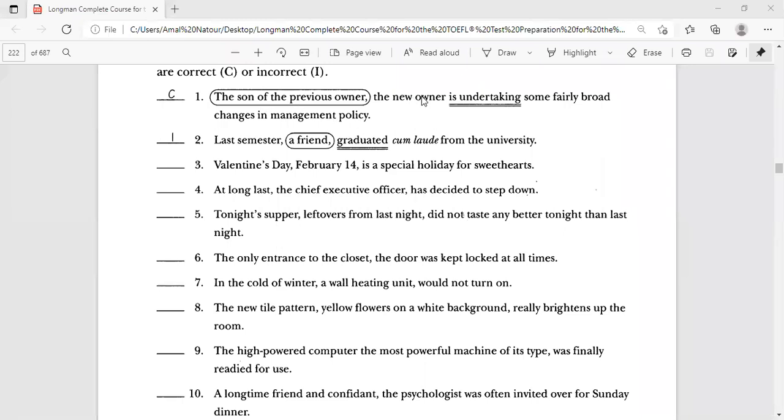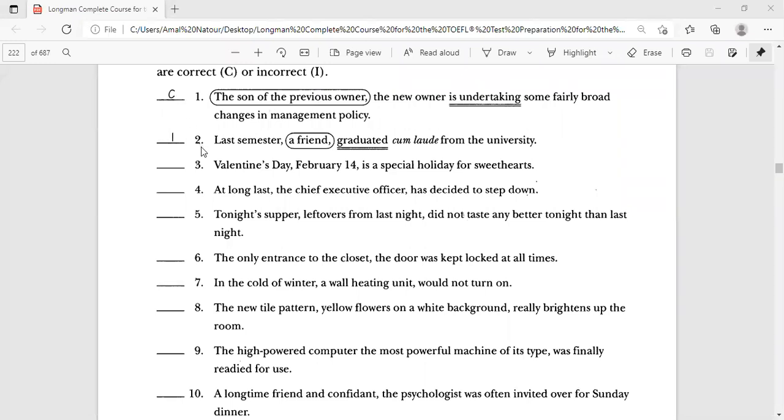Here, the new owner is the subject, is undertaking is the verb, and it is preceded by the son of the previous owner, comma. Then this is an appositive and it is not the subject of the verb. Okay, then this is correct.